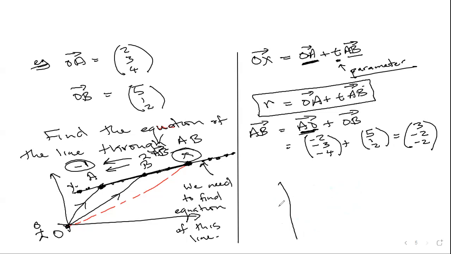The fundamental thing that we have to understand is that we want to find the equation of this line here. First of all, we need to get to the line.